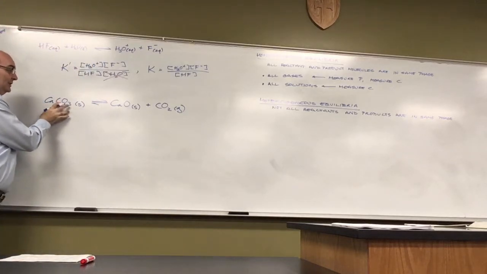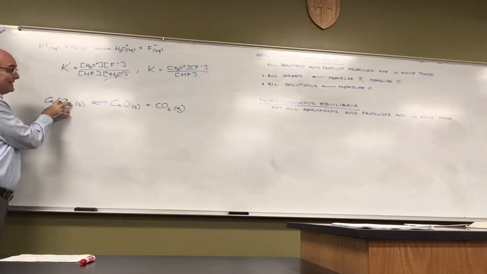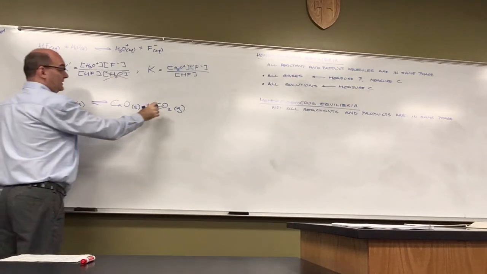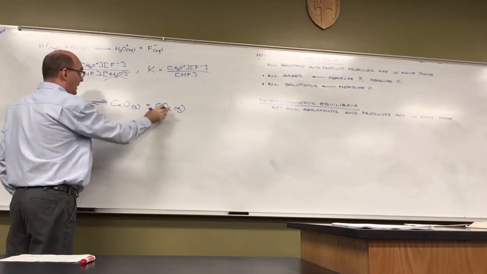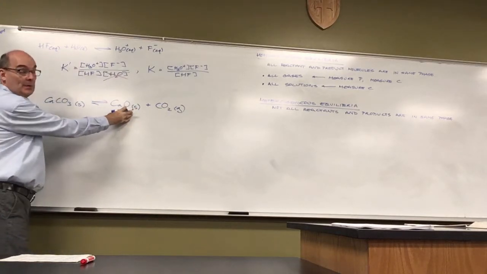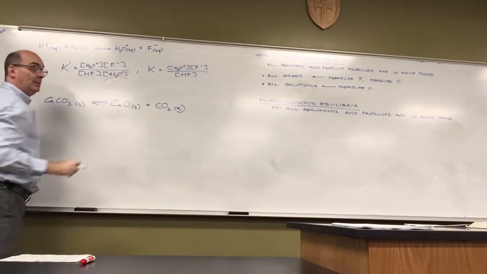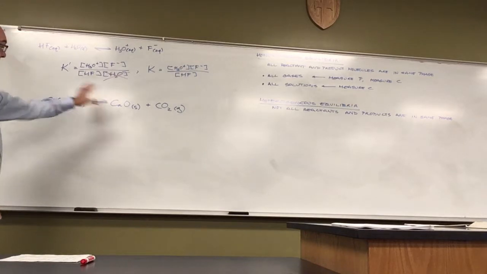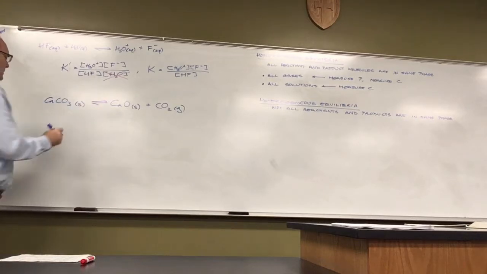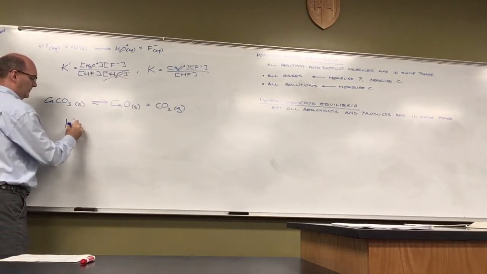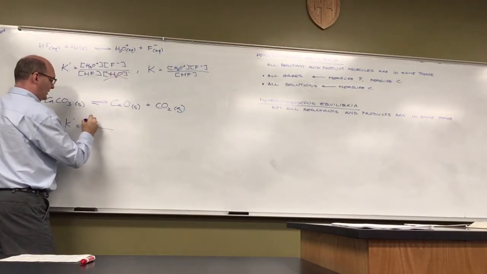This is calcium carbonate, which is limestone. When you heat it, it loses a molecule of carbon dioxide and leaves behind lime, calcium oxide. And that equilibrium position is reversible, but I have two solids in this phrase, so I'm going to put product over reactant.